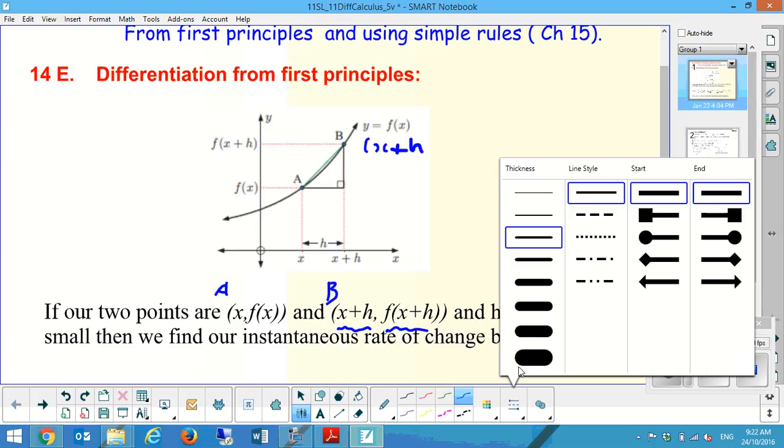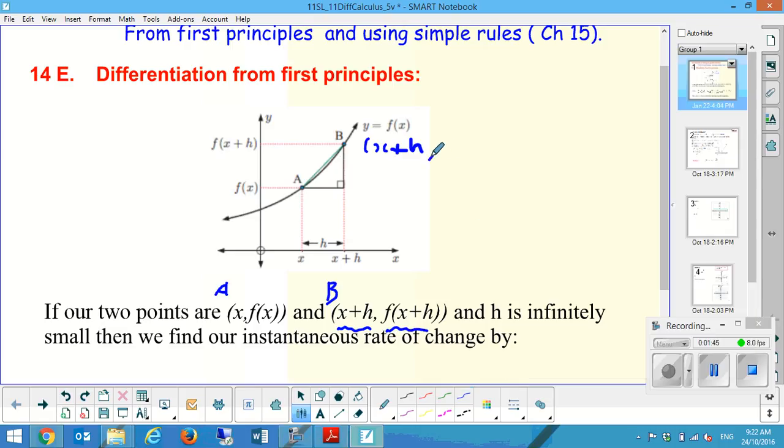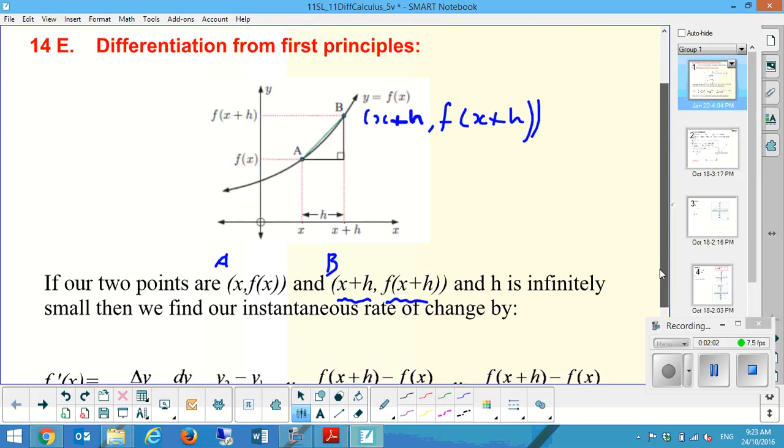We're going to make that a little bit smaller, and f of x plus h. All right, so that's our point. So h is infinitely small, and that way we can find the instantaneous rate of change.